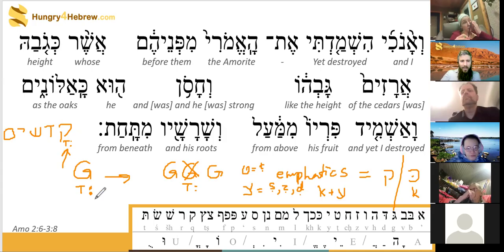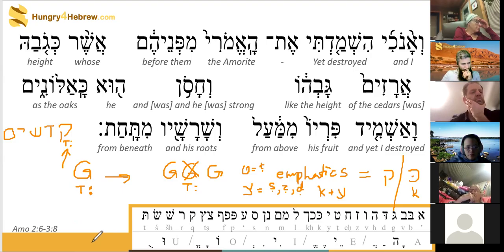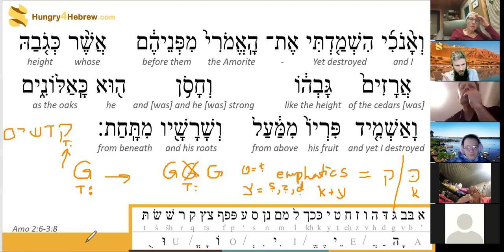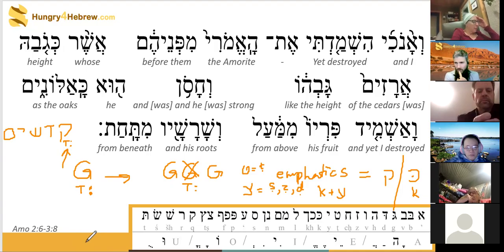Well, I think it has something to do with how Shva is a later invention, if I can put it that way. How can I say this? There appears to have been a dialectic shift from however Hebrew was originally pronounced to pronouncing it at the front of the mouth with a lot of I sounds.